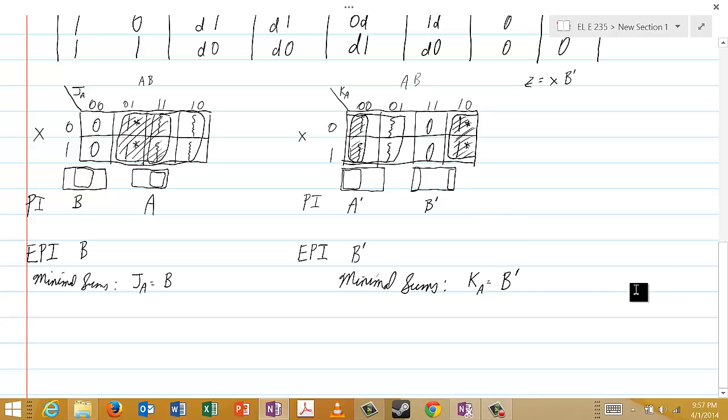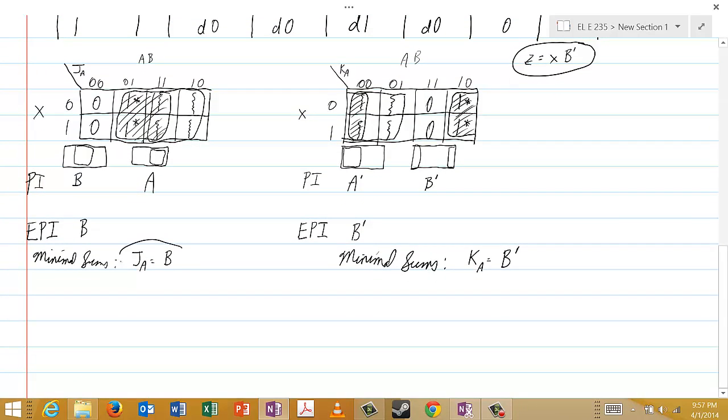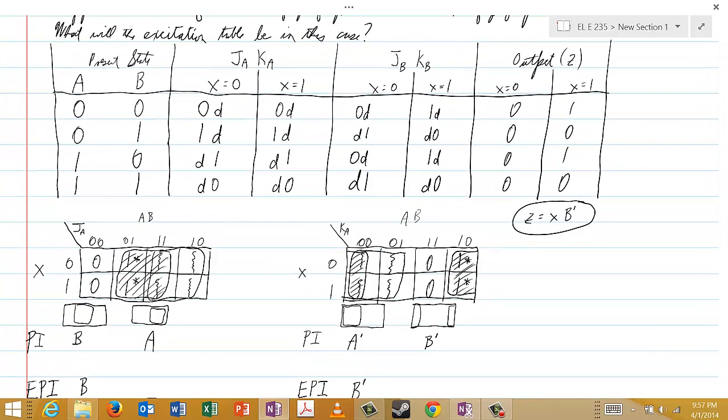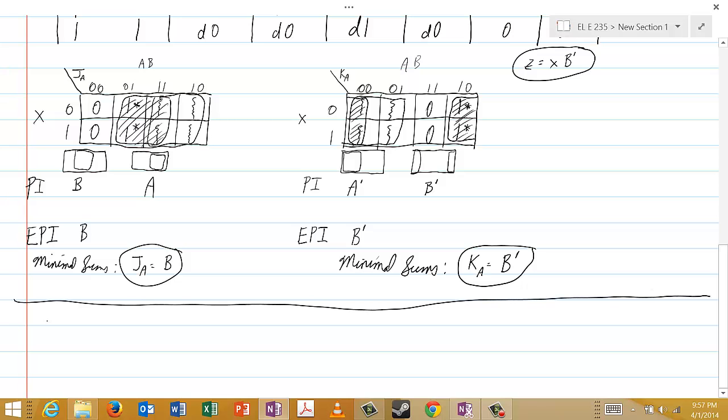Okay, so of these quantities here in this excitation table, we have now solved for Z is equal to XB prime. We have found JA, it's equal to B, and we have found KA, it's equal to B prime. So now let's talk about our test. This will be 28.1.